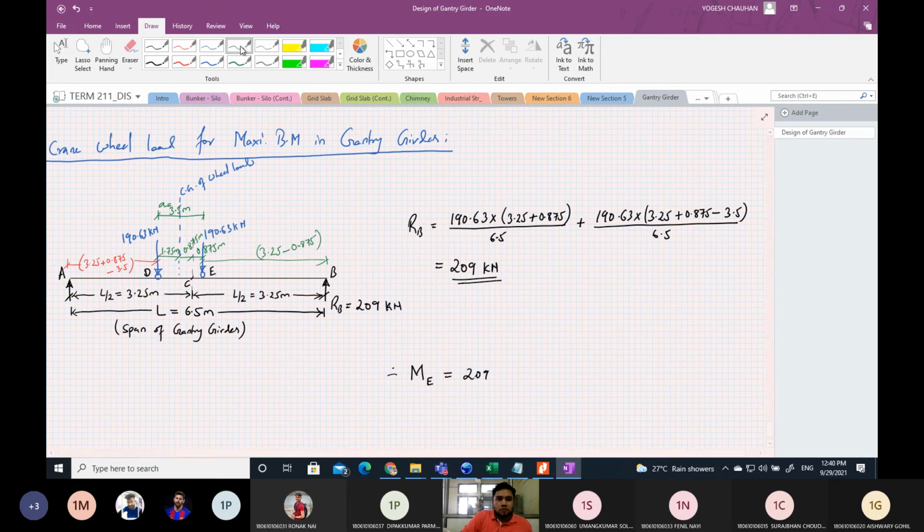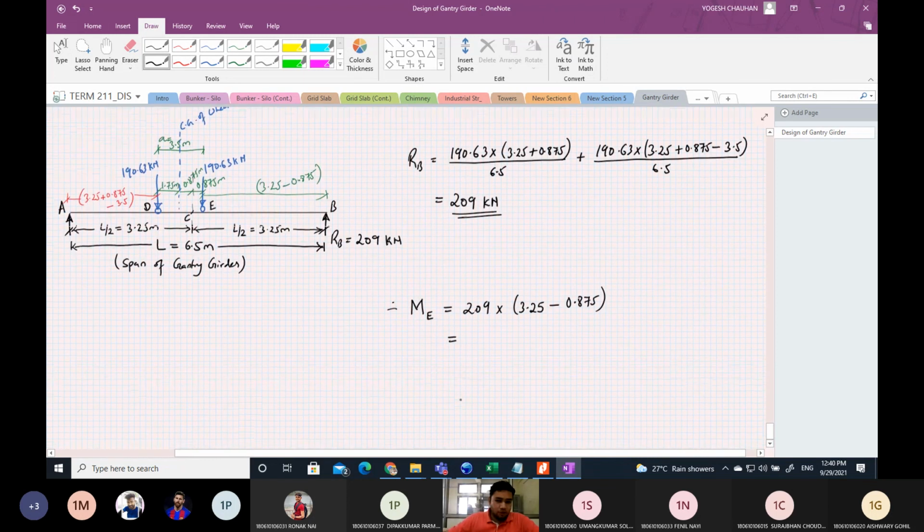So 209 multiplied by (3.25 minus 0.875).